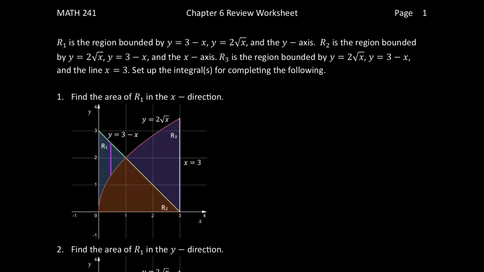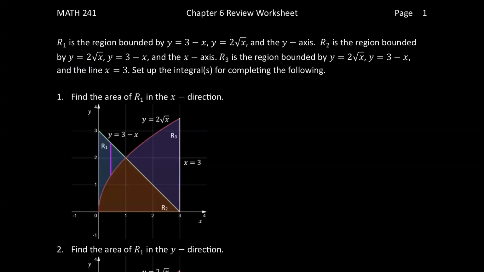Region 2 is bounded by 2 square root of x, 3 minus x, and the x-axis. And then region 3 is bounded by 2 square root of x, 3 minus x, and the vertical line x = 3. So we're gonna use these three regions throughout the entire worksheet, but we're doing different types of problems.